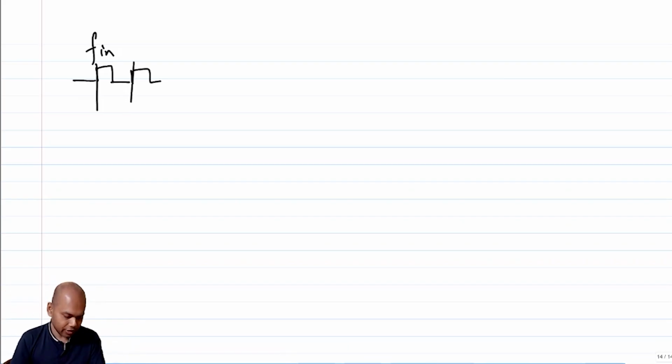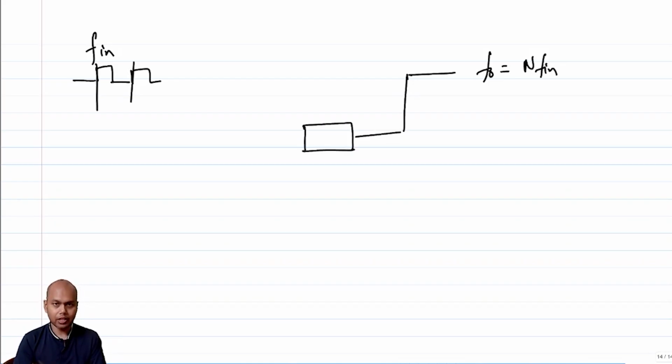So that's essentially Fin. And I want F naught, which is, let's say, n times Fin. So just like that, I need to first divide the frequency, not the voltage, by n. Correct? So how do I divide the frequency?